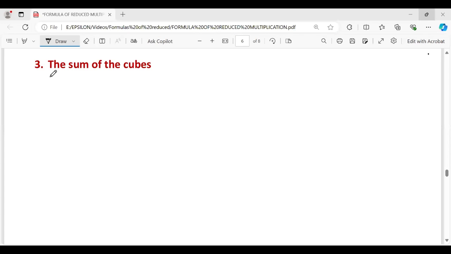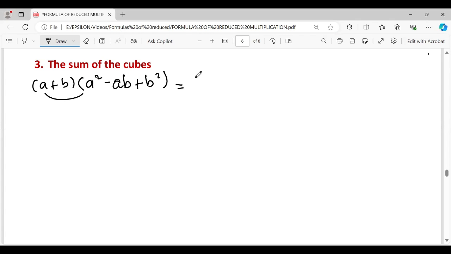Topic number 3 is about the sum of the cubes. Right. If (a plus b) multiply (a squared minus ab plus b squared), we can expand: a multiply a squared is a cubed, a multiply minus ab is minus a squared b, a multiply b squared is plus ab squared.